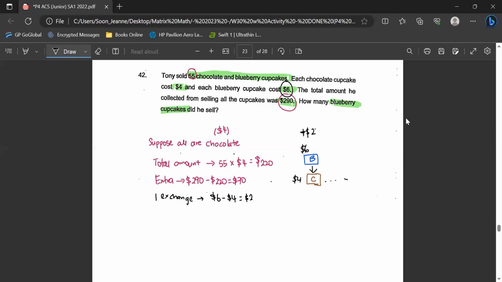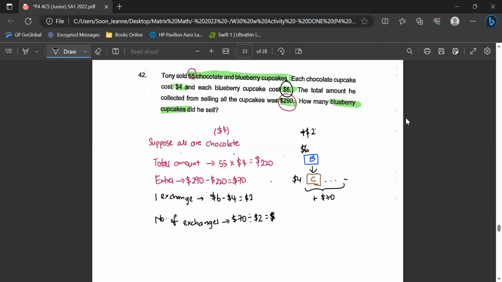So if I want to exchange, right, if I want to add in another $70 more, so how many exchanges can I make? So I just write number of exchanges. I need $70 more, right? One exchange is $2 more only. So I just take 70 divided by 2.